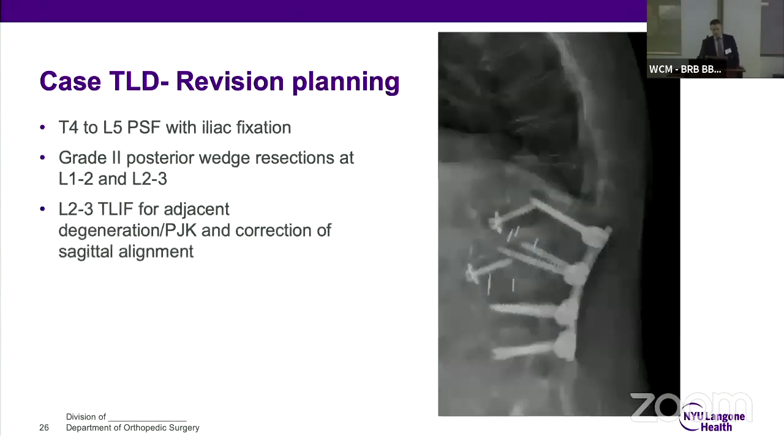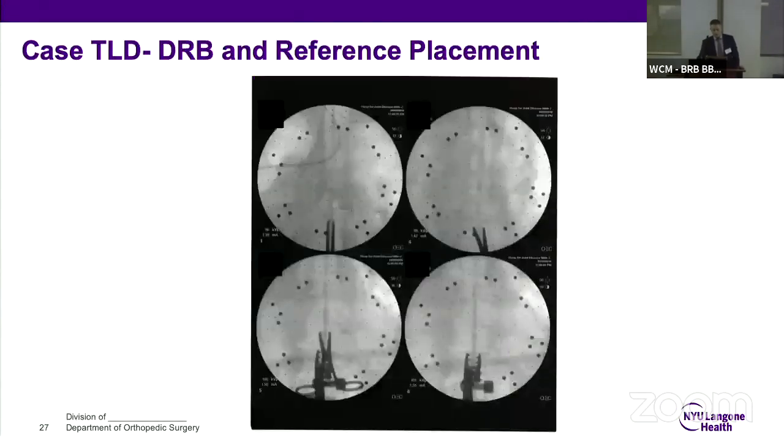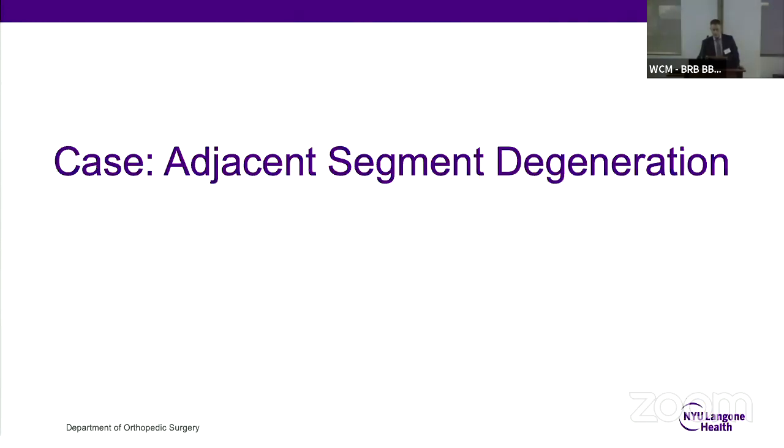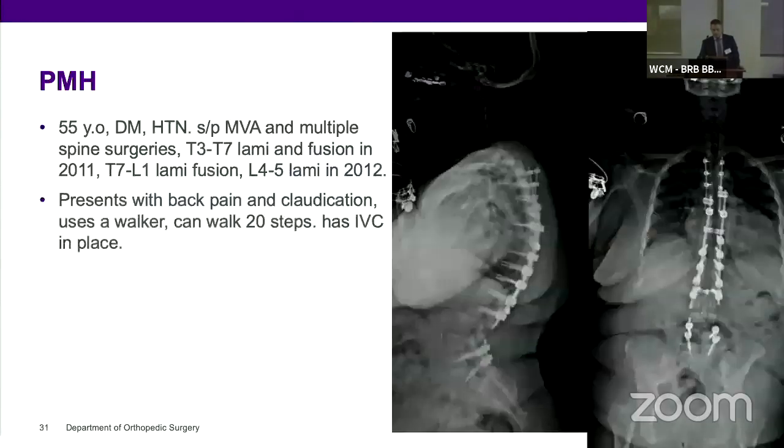And another case of adjacent segment degeneration, kyphosis, proximal junctional failure, robotic assistance, screw placement, realignment. This is a complex case, surgery done elsewhere, mainly complaining of lower back pain.